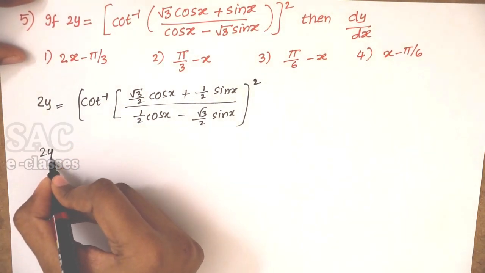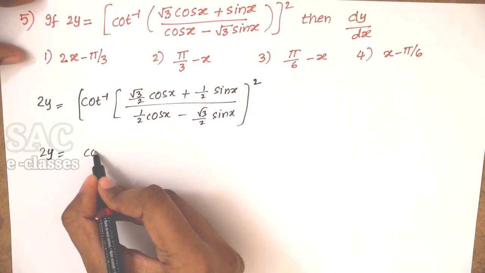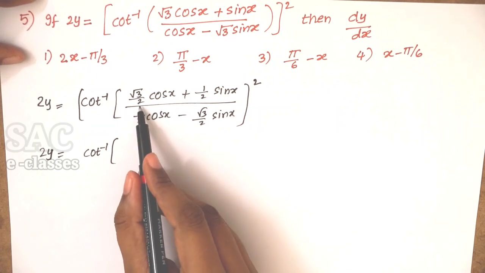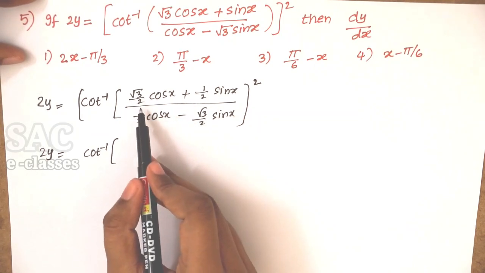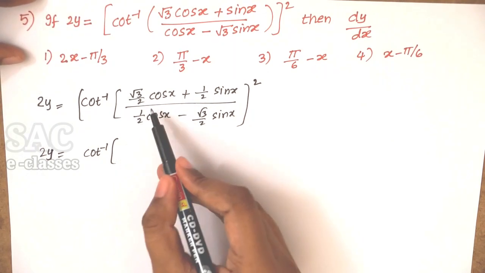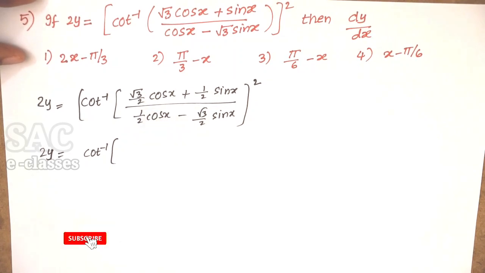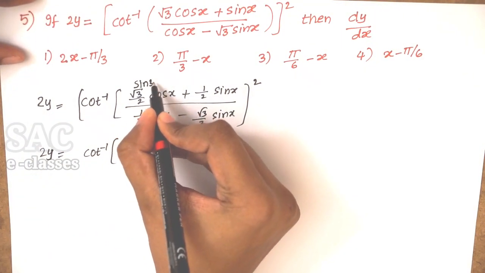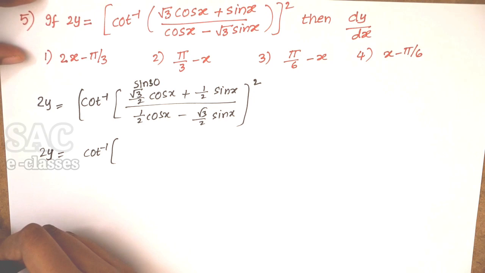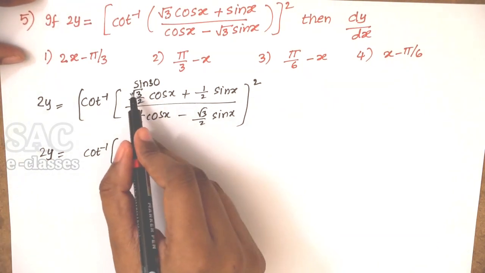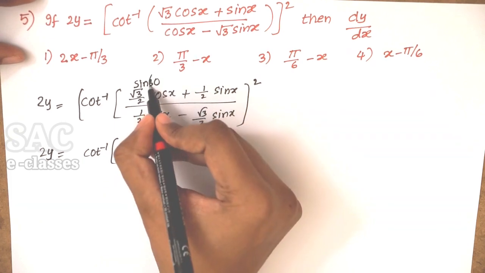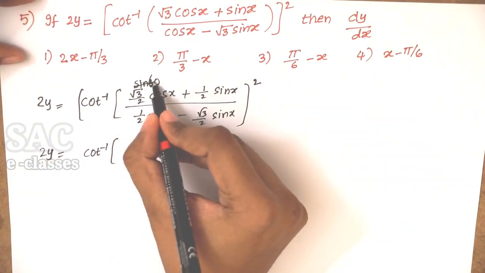2y is equal to cot inverse. If you observe, I have divided by 2 to make it into some standard angle. Root 3 by 2, can I write root 3 by 2 as sin 30? Yes, we can. Which is better, writing root 3 by 2 as sin 60 or cos 30?